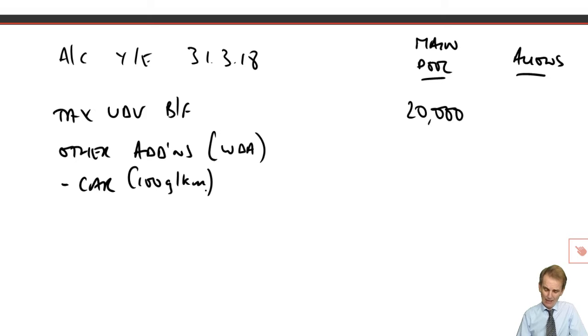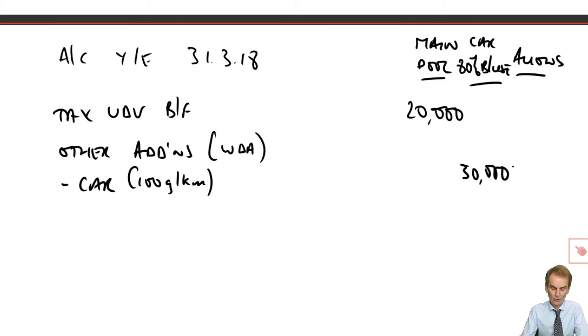So what we now have to do is to bring in this particular non-pool asset and show it in its own separate column. So it's the car and it's 80% business use. How much was it? It was £30,000.